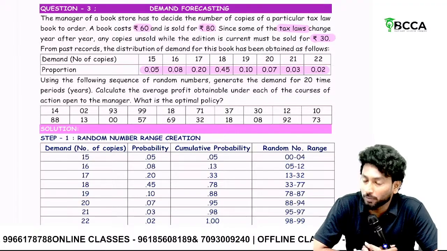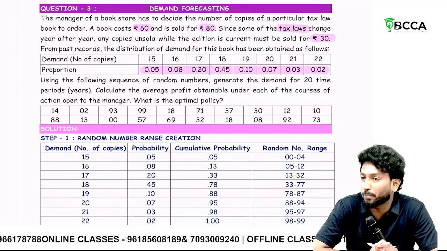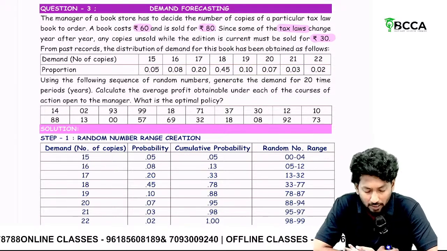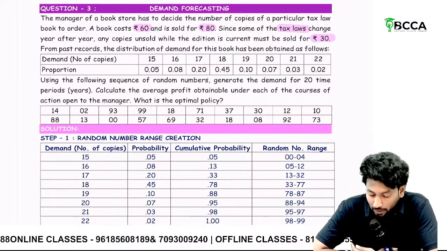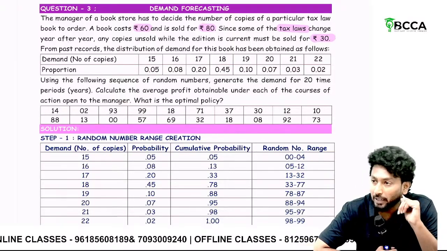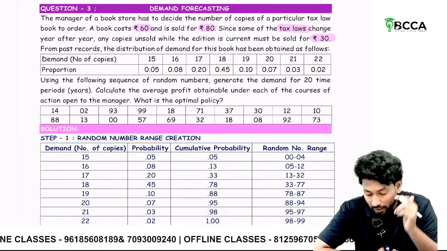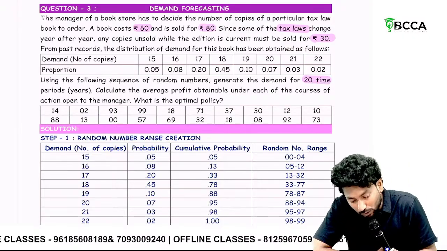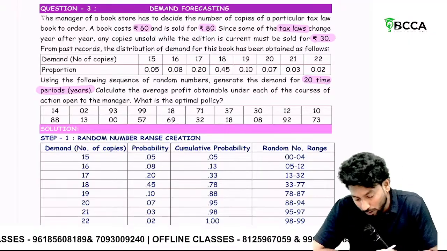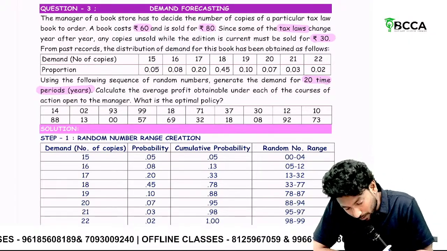Without frequencies, directly they have given probability, so we don't need to calculate probability as that was given already in the question. Using the following sequence of random numbers, generate the demand for 20 time periods. For 20 years, they are asking us to estimate the demand. Calculate the average profit obtainable. So this is the main key point, sir.